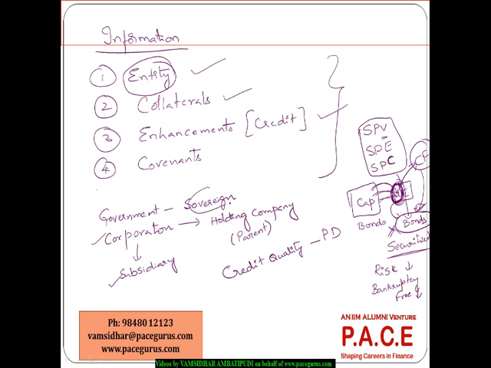Whereas when we talk about a sovereign bond, the government pays the bond investors through the taxes that it collects, both interest and principal. From a corporation's perspective, the capital raised through the bond issue will be used for different operations, and the cash flow generated from the operations will be used to make the payments for interest as well as the principal, right?